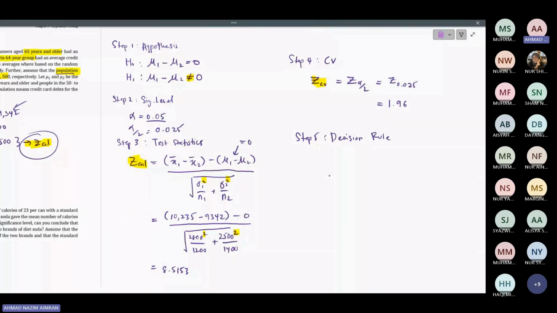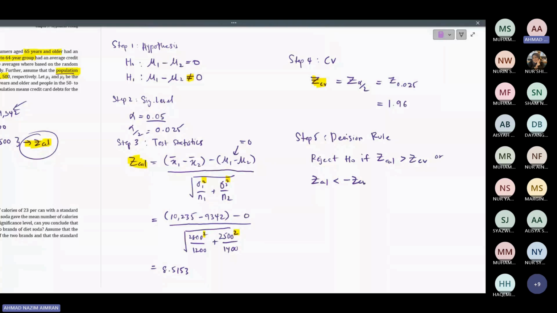For a two-tail test, the decision rule is reject H null if Z calculated is greater than Z critical value, or if Z calculated is less than negative Z critical value.